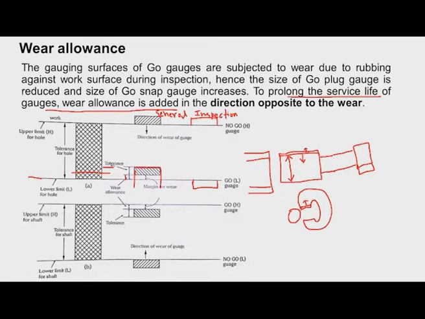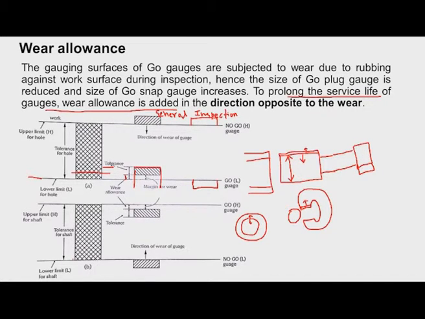Now similarly for shaft, this is the work tolerance, that is shaft tolerance, and this is the lower limit of the shaft and this is the upper limit of the shaft. And now we can see here, to check the shaft we use either ring gauges or snap gauges. So the wear will be in the reverse direction, in this direction, so the tolerance and wear allowance is provided in the reverse direction as shown here.